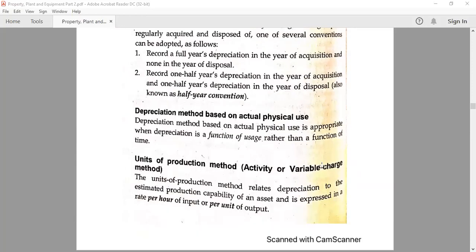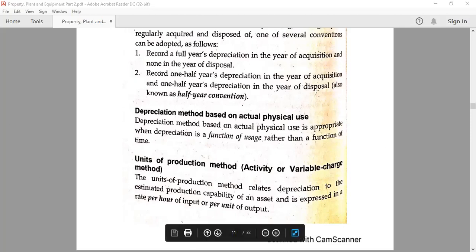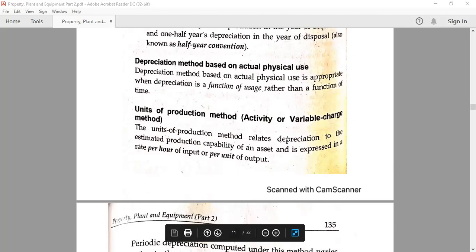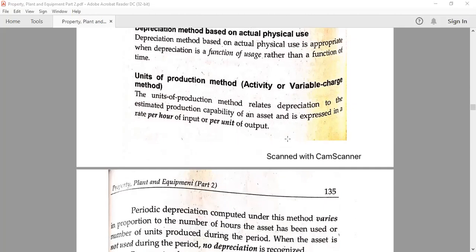Next, what about when the depreciation method is based on actual physical use rather than a function of time? In that case, we have the activity or variable charge method. First is units of production.